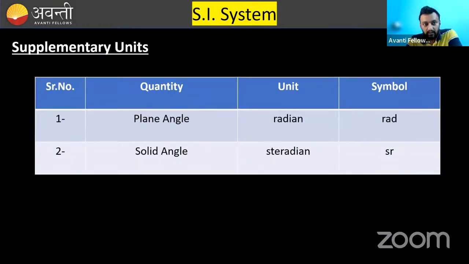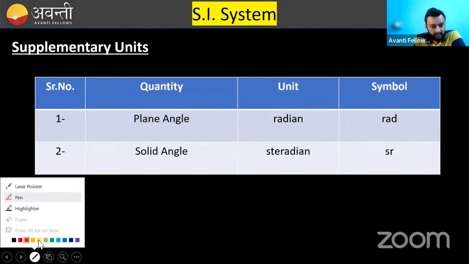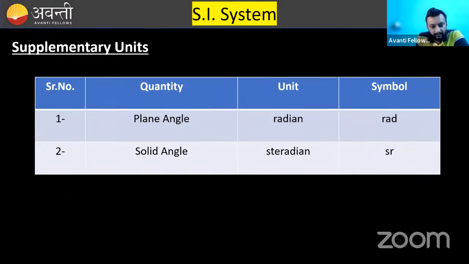Now, after these supplementary units, there are some derived units. Derived units are something which can be derived using these fundamental units. For example, if I say, find the unit of speed, this is a very fundamental thing. Speed is equal to what?